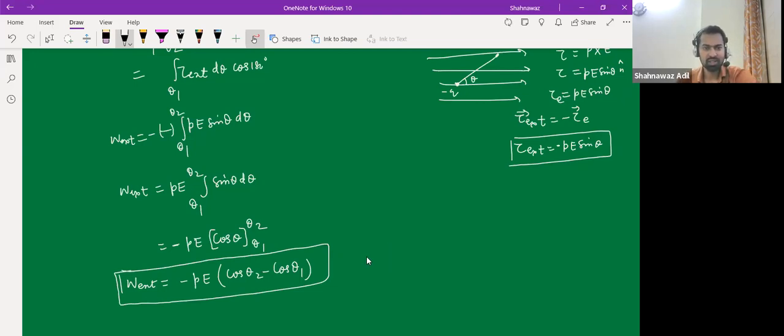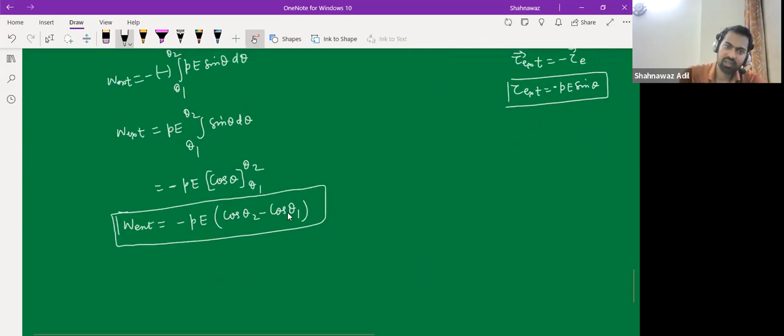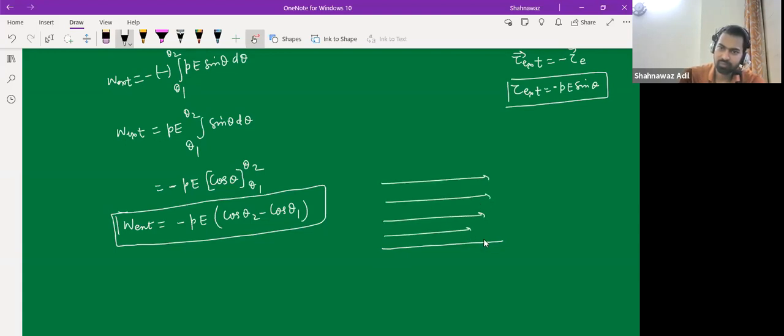And we know that from the work energy theorem that work is a change in potential energy. Okay. So let's say that this is the electric field, right? And let's say my theta 1 was this one.